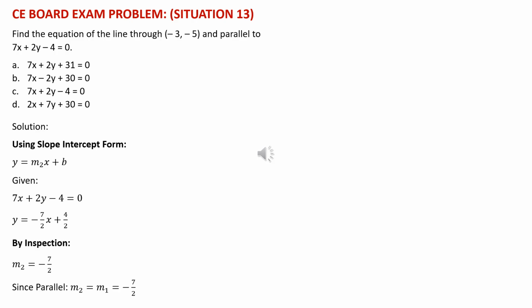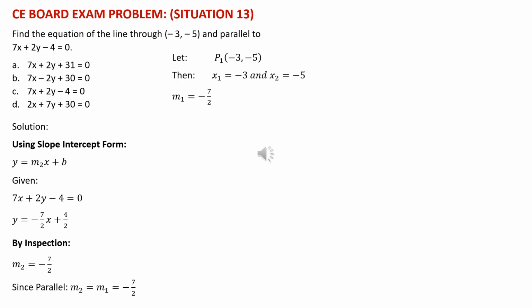By inspection, it was very clear that the value of the slope of line 2, m2, is equal to -7/2. But because these two lines are parallel, it only means that they have equal slopes. That's why m2 is equal also to m1 and the value of the slope is -7/2.